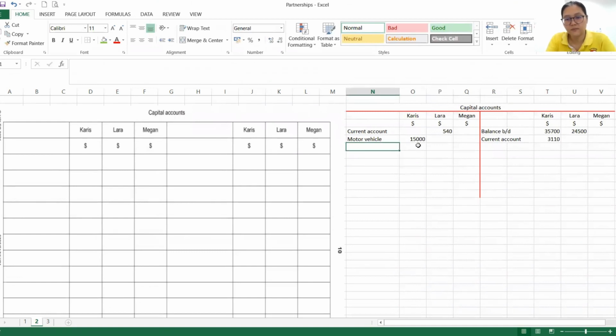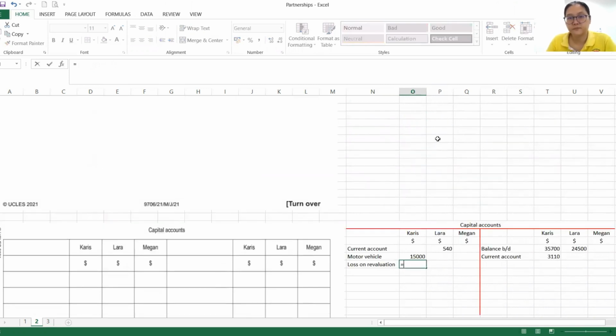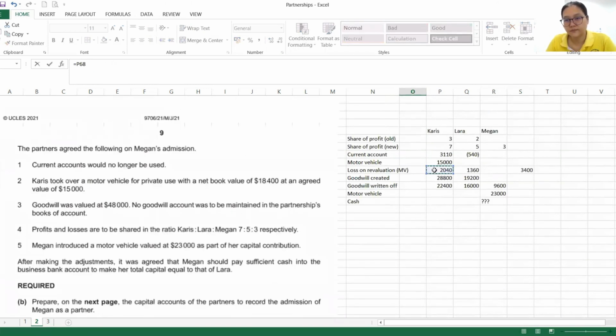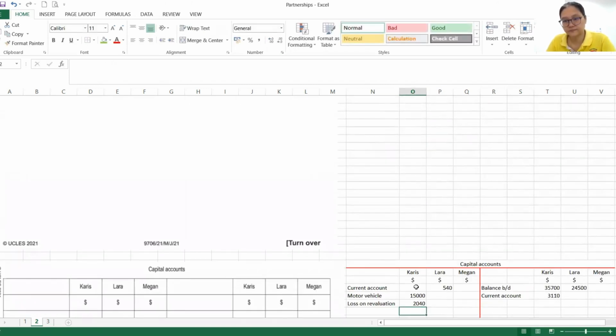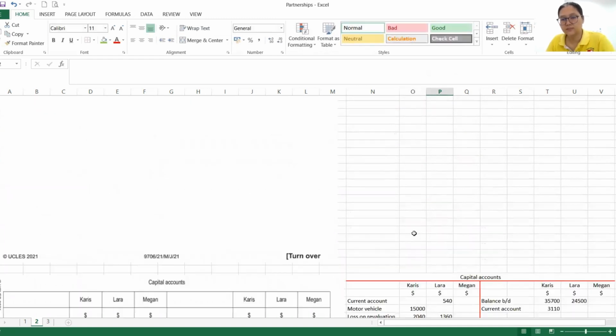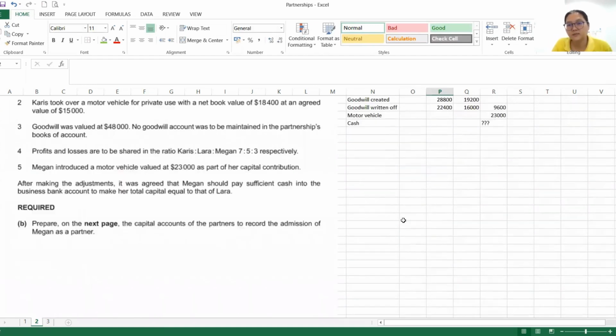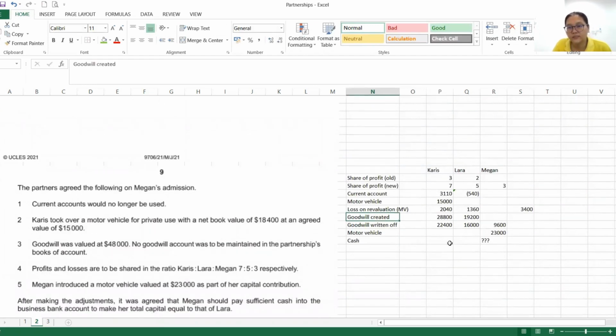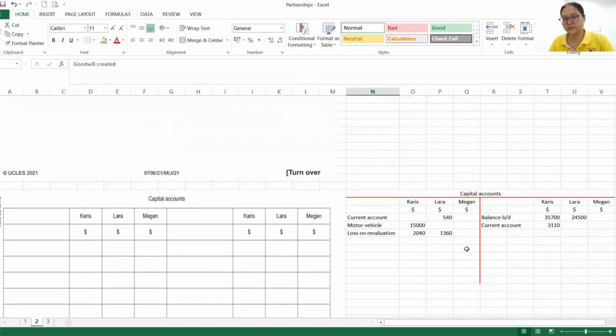So here, loss on revaluation, which is 204 and 1360.